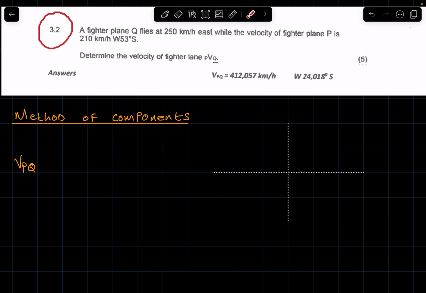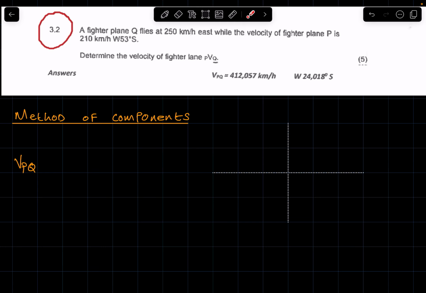If you didn't get that, pause the video, rewind it a bit, and listen to it again. Anyway, I'm going to say it again. The reason why it is important to identify which of the two is the object and which one is the frame of reference is so that once you've established which one is the object, you are going to represent it on the Cartesian plane in a direction that is the same as the one that you've been given.